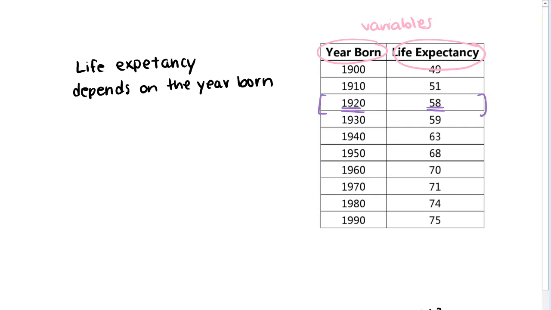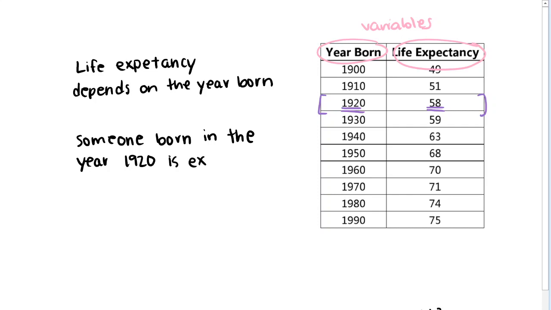So here, maybe I'll write that down. This is just saying that someone born in the year 1920 is expected to live 58 years on average, based on this table. That's how we read this table.